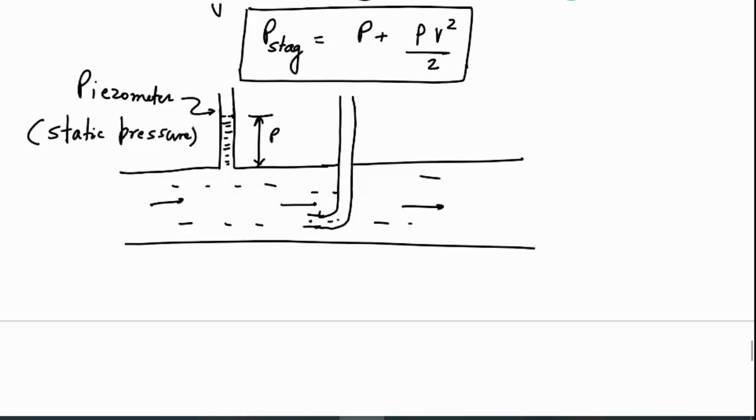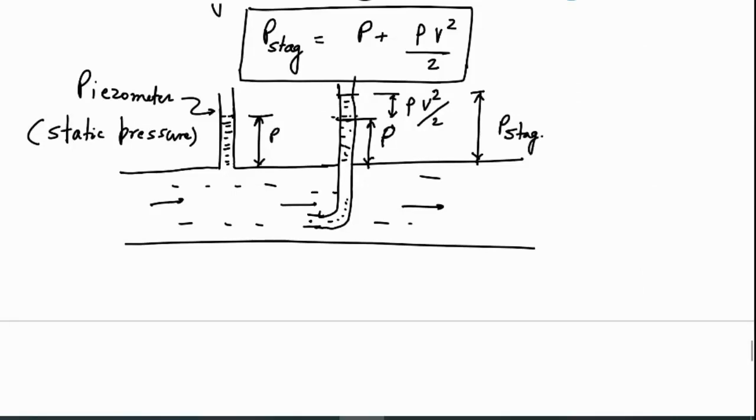But in this other case, water will rise even more. This is the P that the piezometer will measure, plus some more distance, and this will be rho V square by 2. So this total distance is basically your P stagnation.